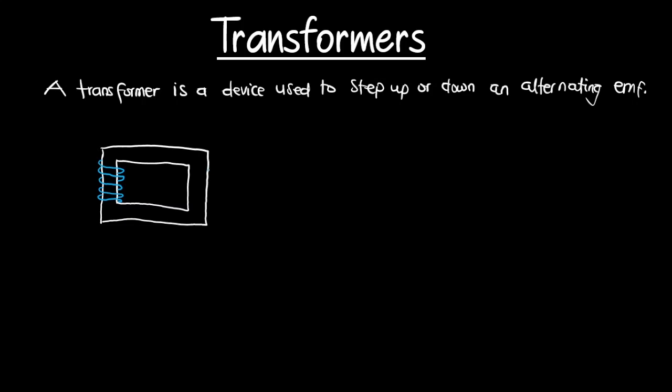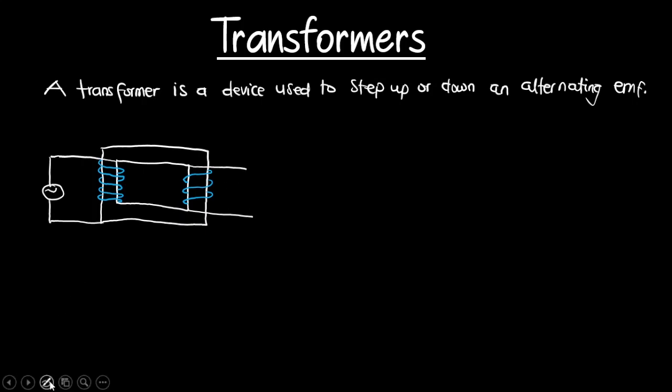Then over here too, we have another set of coils. And then over here we have the source of our alternating current, connected over here. Then we label this part. So basically, it's just the iron core, the two coils, and then a source of alternating current attached over here.